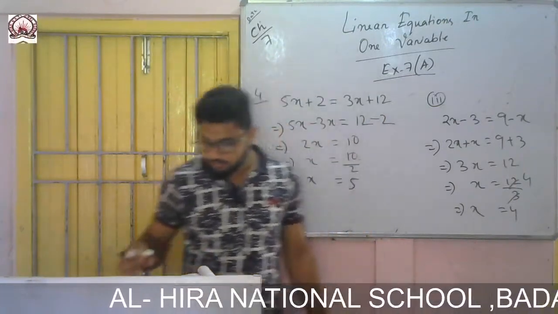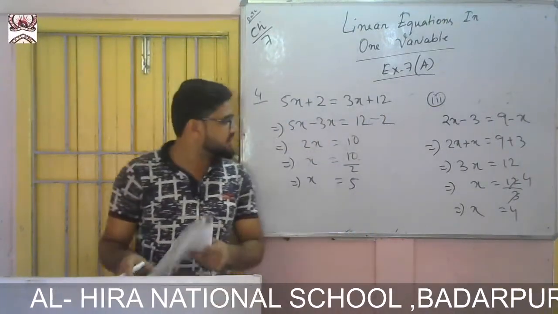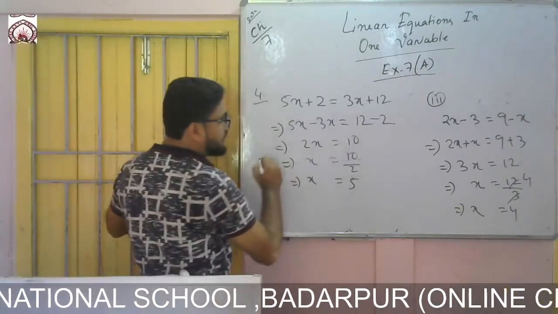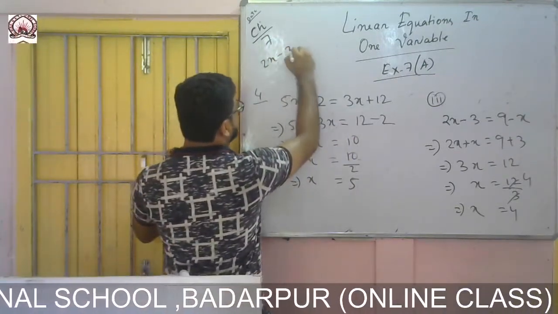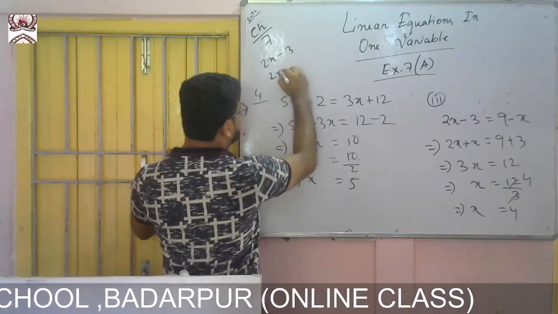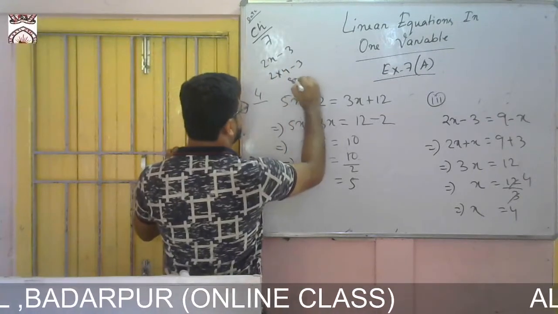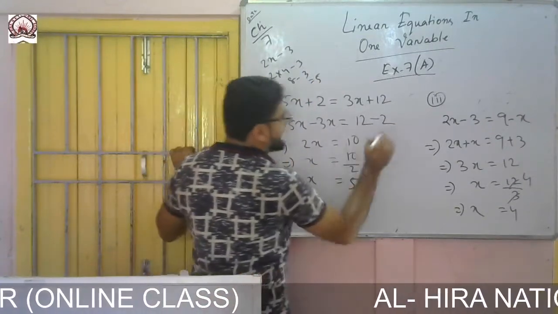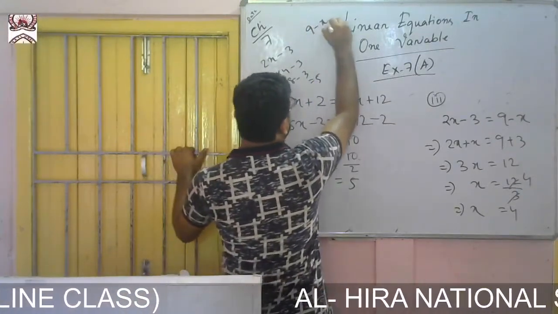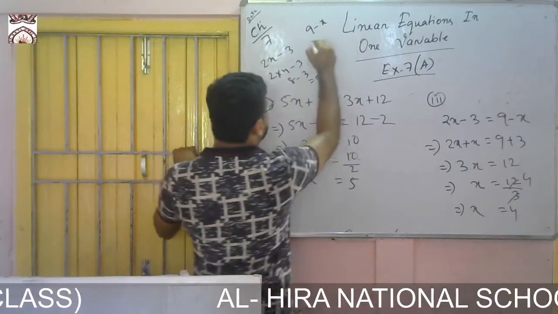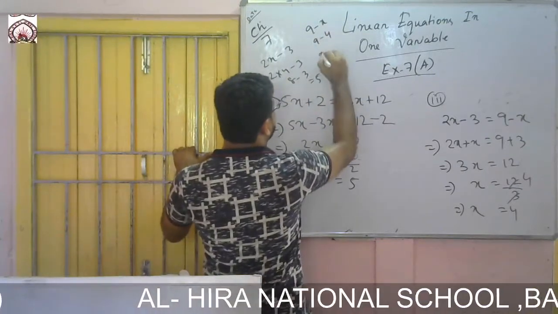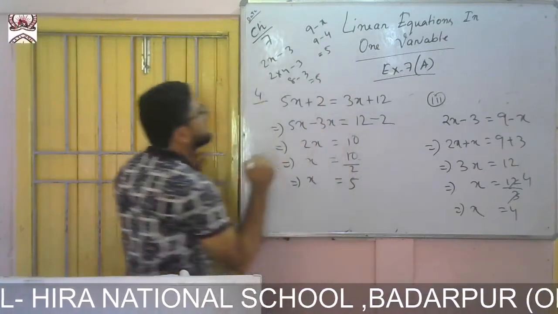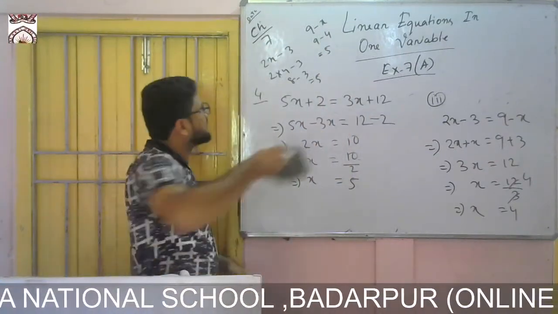With x equals 4, twice x minus 3 is 2 into 4 minus 3, 8 minus 3, it is 5. Now here 9 minus x, 9 minus 4 is 5. So it is correct.